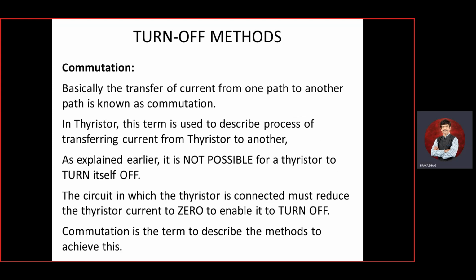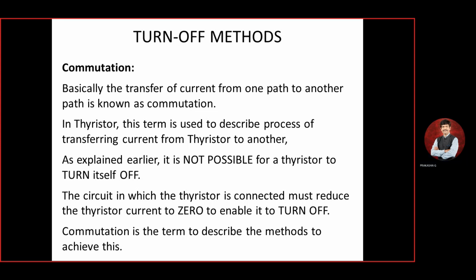Turn-off methods. Commutation is basically the transfer of current from one path to another path. I think it's visible for you people also. Commutation means the current is flowing in one path, and you have to change it to another path.